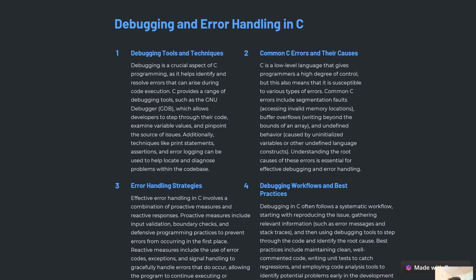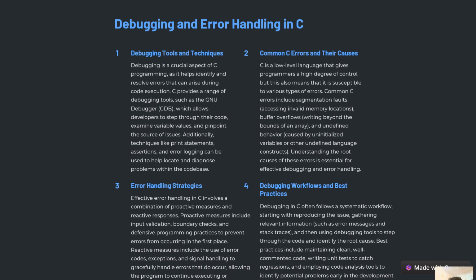C is a low-level language that gives programmers a high degree of control, but this also means that it is susceptible to various types of errors. Common C errors include segmentation faults, invalid memory access, buffer overflow, and uninitialized variables and undefined behavior.